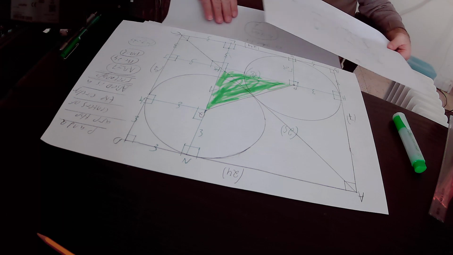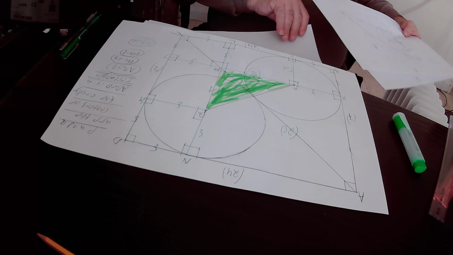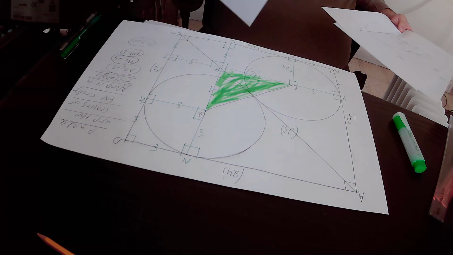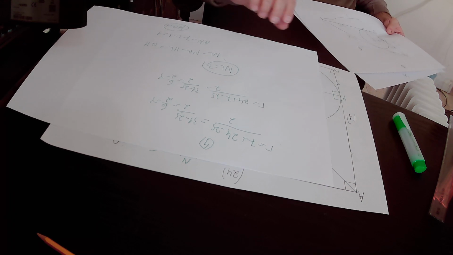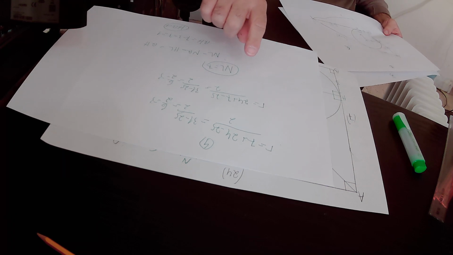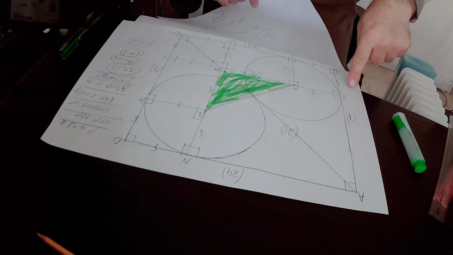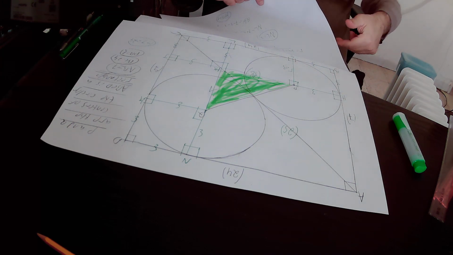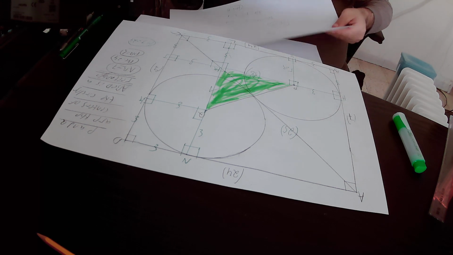According to the formula that we have, x equals (A plus B minus C) over 2. AB equals 7, BC equals 24, and the hypotenuse AC is 25. So it is (7 plus 24 minus 25) over 2.